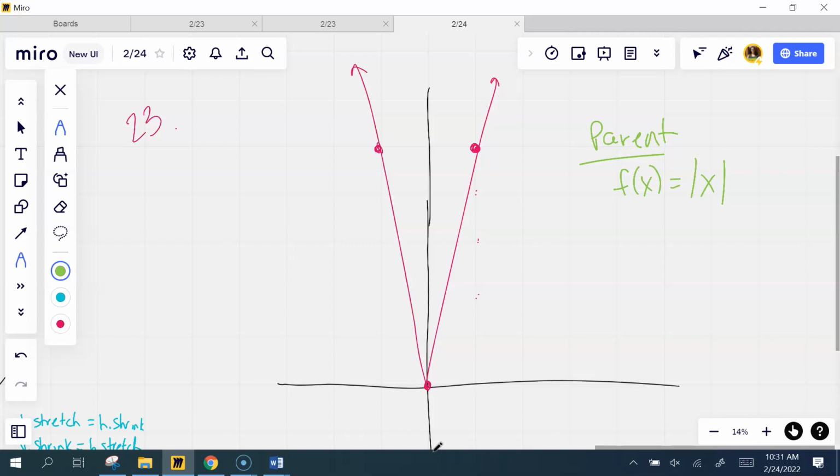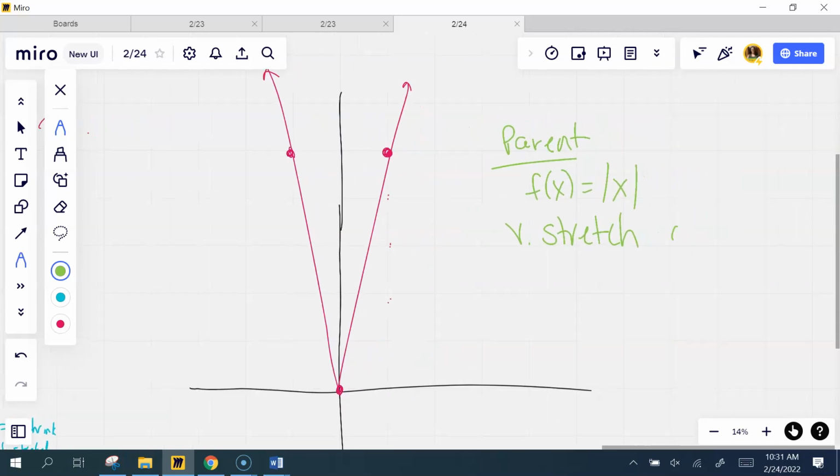What kind of stretch? A vertical stretch. Somebody said a horizontal something, and I would say, oops, you're not wrong. Vertical stretch, or you could say a horizontal shrink. Either of those would be okay, but you're going to have to make sure you get your factor right if you do that. So let's look at the vertical stretch first.